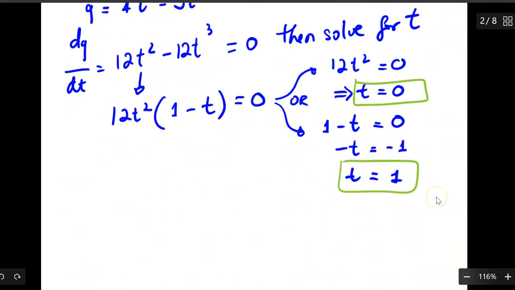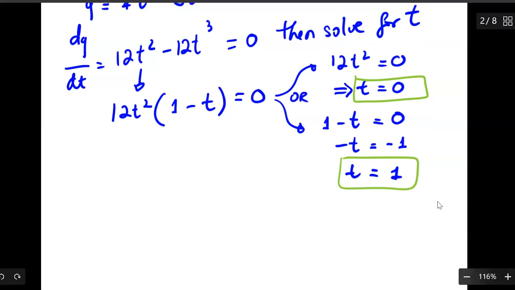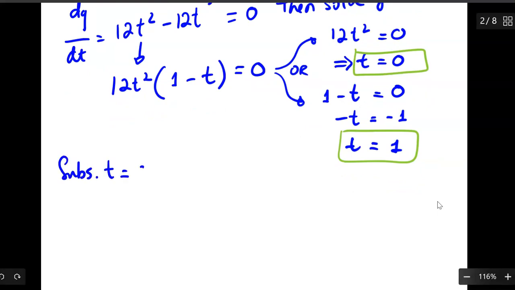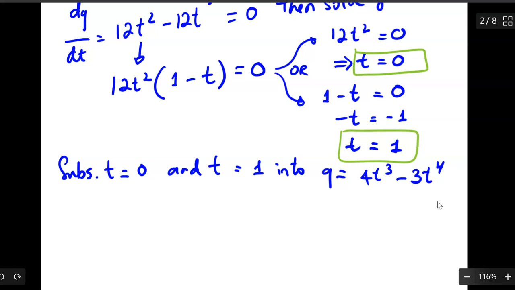So I will have two values for q, the corresponding values, because I have two solutions for time. I substitute t equal to 0 and t equal to 1 into q equal to 4t to the exponent 3 subtract 3 times t to the exponent 4.